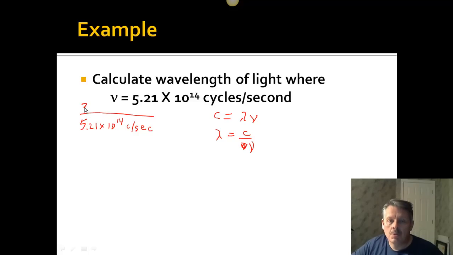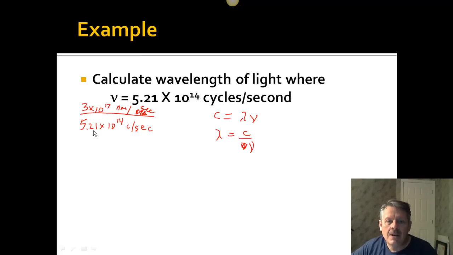So I'm going to put 3 times 10 to the, well, if I use 10 to the 8th, I'm going to get meters, and I'm deciding I want to do nanometers. That's 3 times 10 to the 17th nanometers per second, excuse me. The seconds cancel, so I'm left with nanometers per cycle.